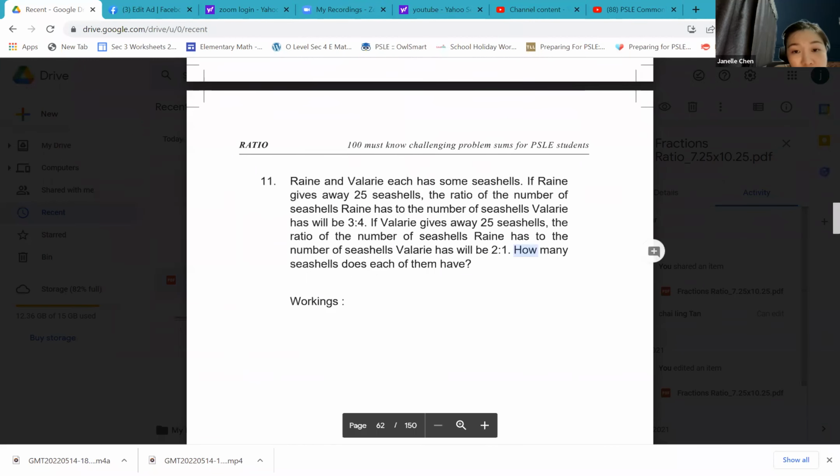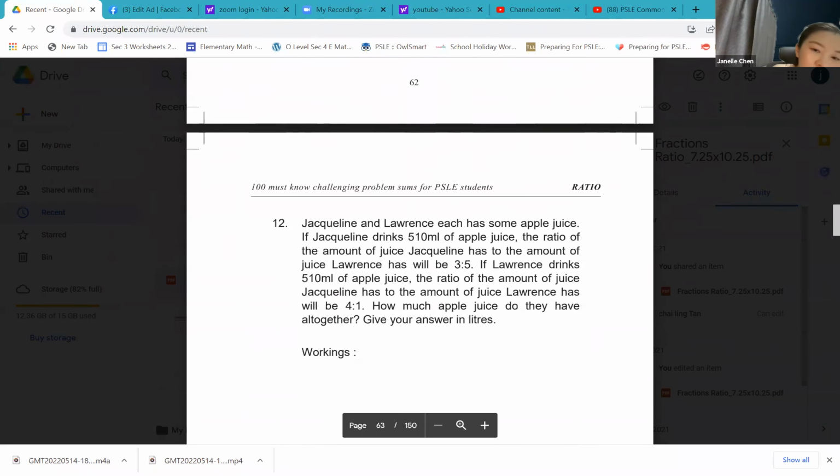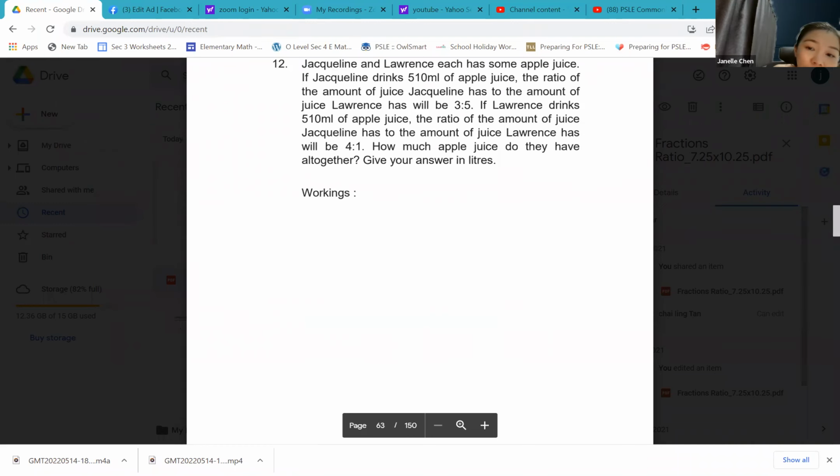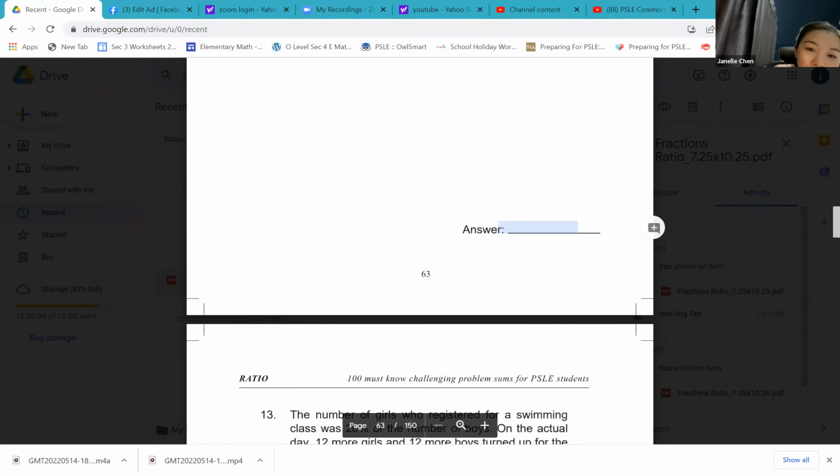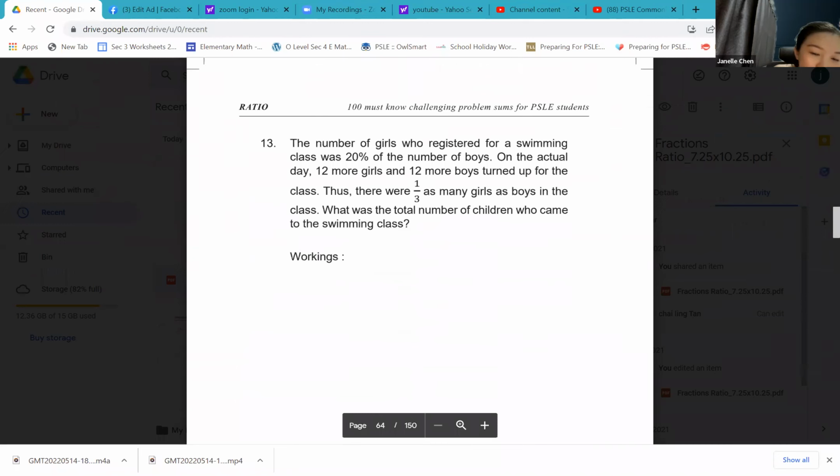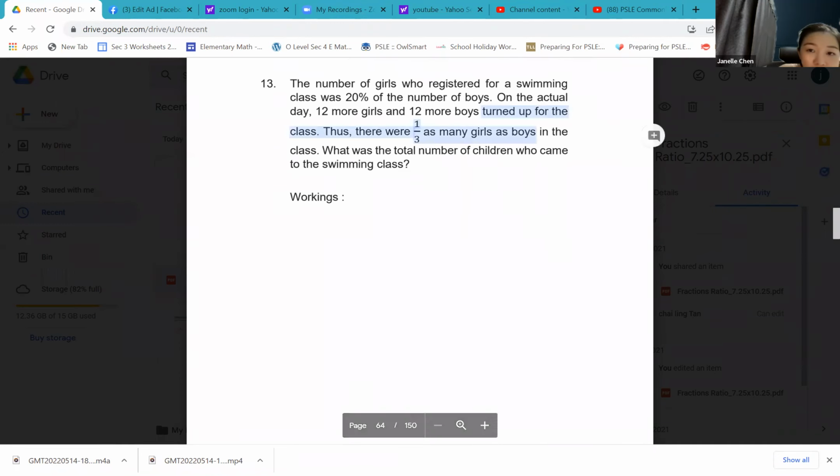Another question that I think is pretty common, I'll go to maybe question 13. So 13 here, you'll see things like the number of girls who registered for swimming class was 20% of the number of boys.